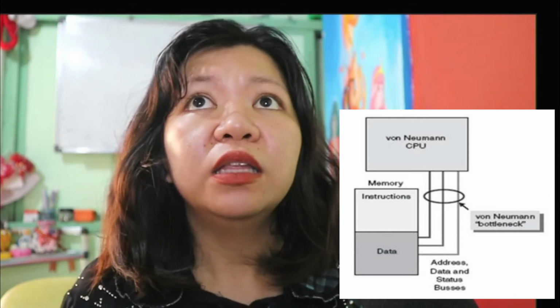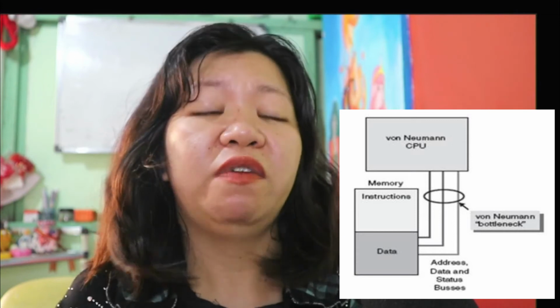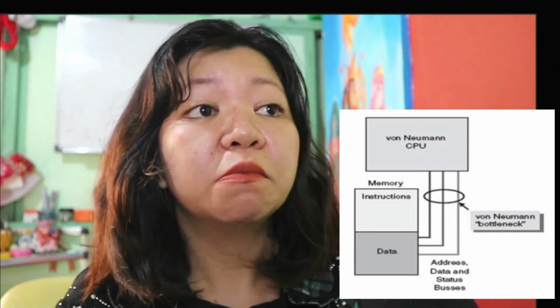Kasi dahil isa lang yung path ng instruction and data, kapag may instruction na dumadaan dun sa path, a data cannot pass into it. Hindi sila pwedeng magsabay kahit na ang kailangan ng instruction ay isang data. Kunyari, I would like to add 3 and 5. Hindi mo pwedeng sabay na dumating si 3 plus 5 para isang bagsak ng processing na lang.